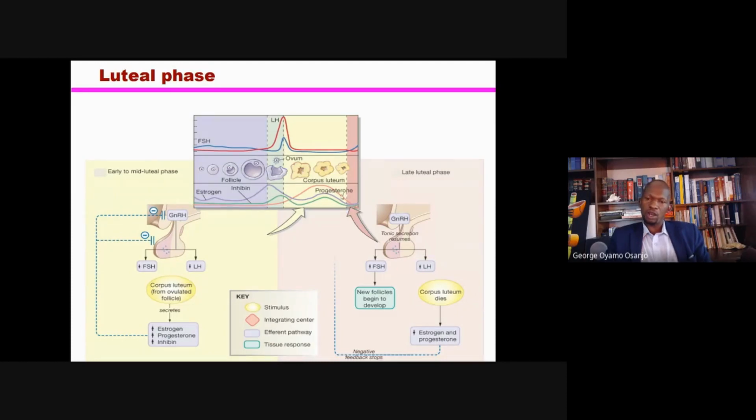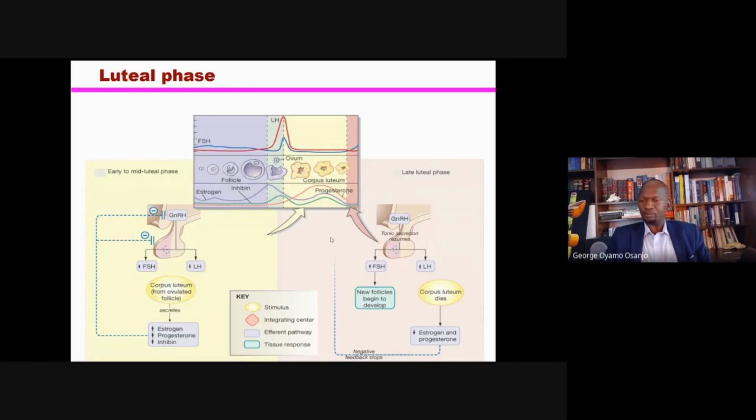Equally, the low levels of progesterone will exert a negative feedback effect on the hypothalamus and the pituitary, and therefore you have increased production of FSH, and FSH then has an impact on the follicular phase, on the growth of the follicles, and therefore the cycle begins.